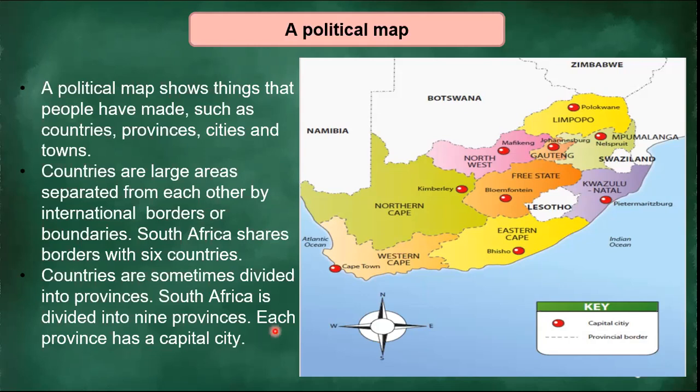So South Africa has been divided into 9 provinces. Obviously, we have Eastern Cape, Northern Cape, Northwest, Free State, Western Cape, KwaZulu-Natal, Limpopo, Mpumalanga, okay, and Gauteng. So those are the provinces that South Africa has been divided into, okay.